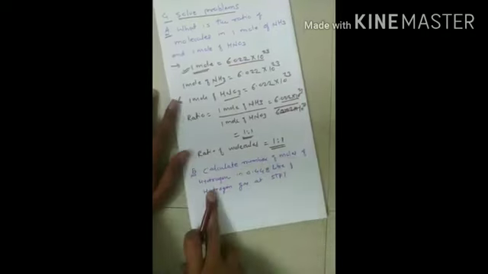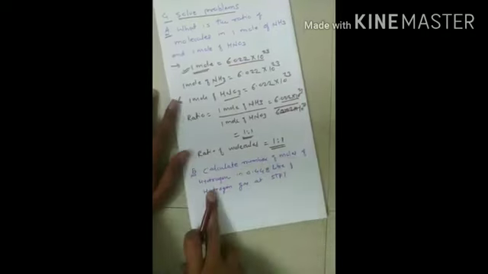So I can write here volume of hydrogen gas at STP, which is given as 0.448 liter, isn't it?